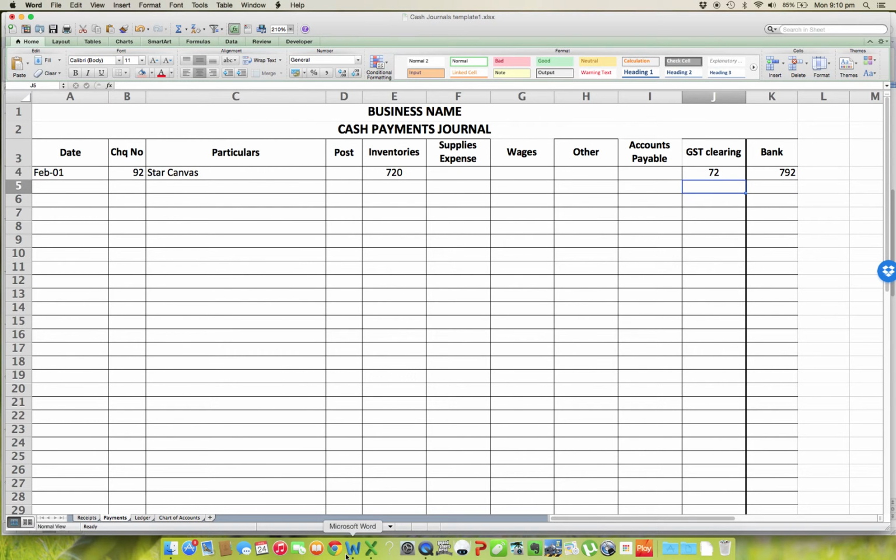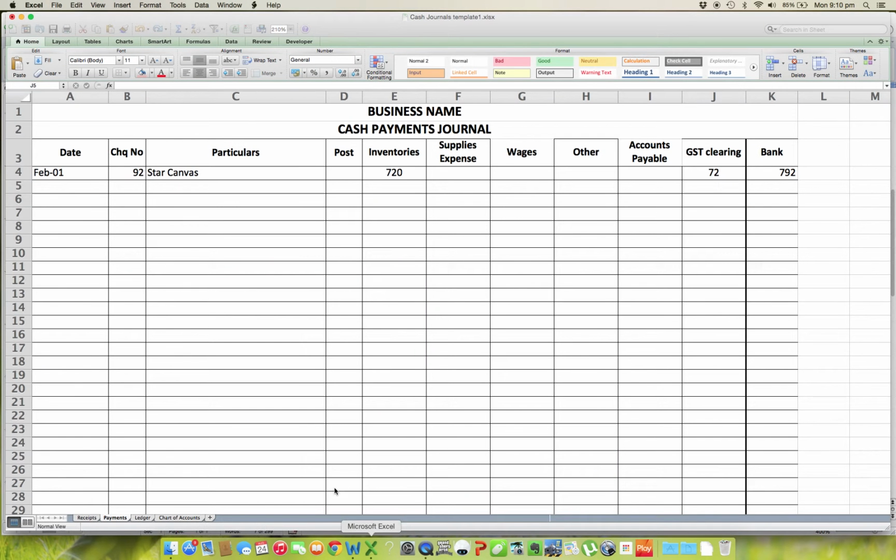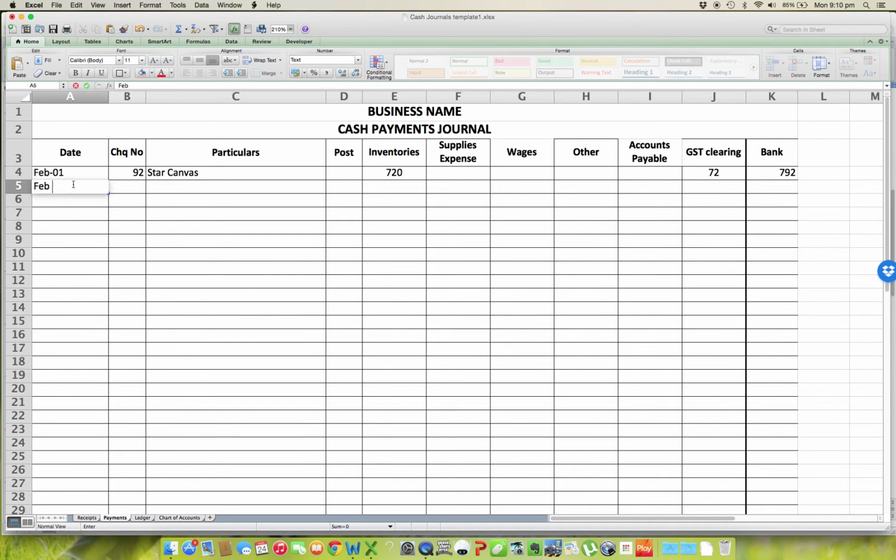Okay. Next transaction we've got was paid wages by check for $4,000. That happened on the 2nd of February. So I'll pop that one in over here. This is going to be the next check that we've got available, so that's number 93.